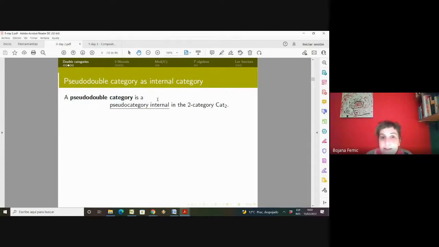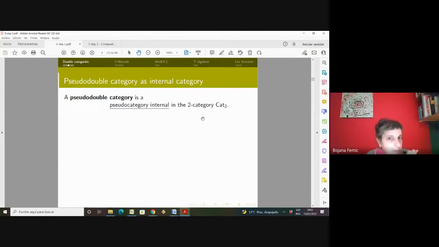A pseudo-double category is introduced as a pseudo category internal in the two category of categories. This Cat2 is the two category of categories, functors, and natural transformations. And this term, pseudo category internal in the two category, was coined by the Portuguese Nelson Martins Ferreira in his paper.